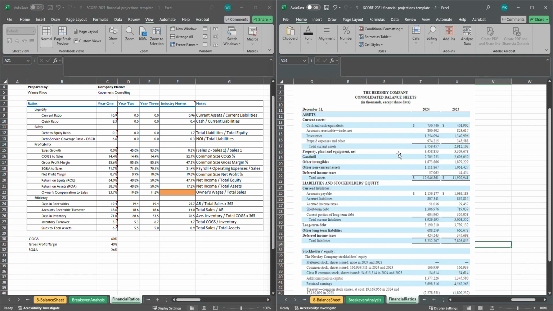Hershey's has to invest in a lot of different types of assets to drive their sales. Some of that is PP&E, plant, property, equipment. They probably have their own manufacturing facilities and different warehouses. They also have a lot of intangibles, so you've got goodwill and other intangibles. They're probably making a lot of acquisitions.